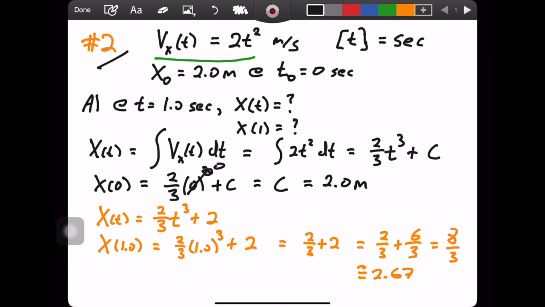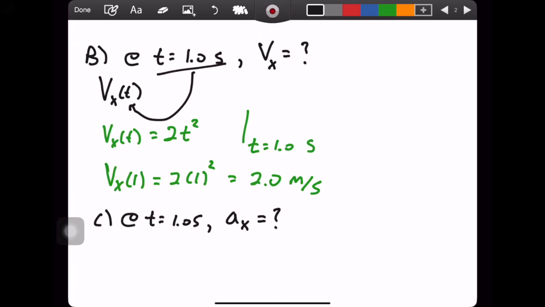Part C is going to ask for acceleration, and so remember we have the velocity, so if I just take the derivative of the velocity, more specifically, if vx as a function of time equals 2t squared, then I can write d/dt of vx.